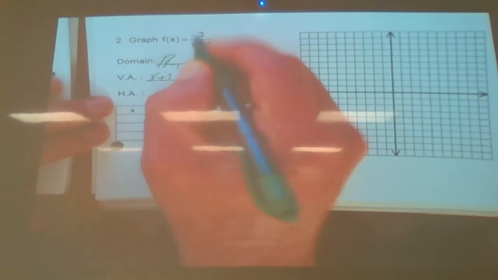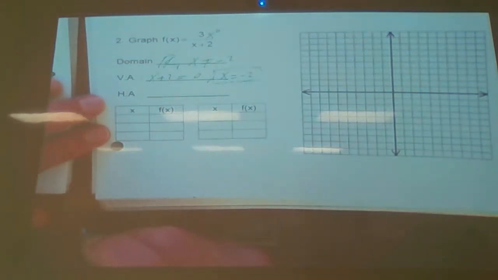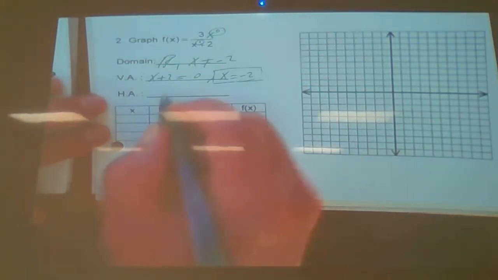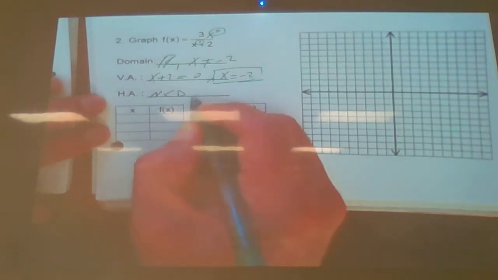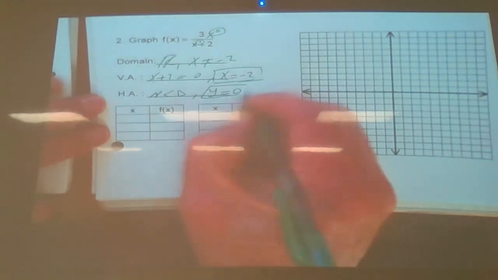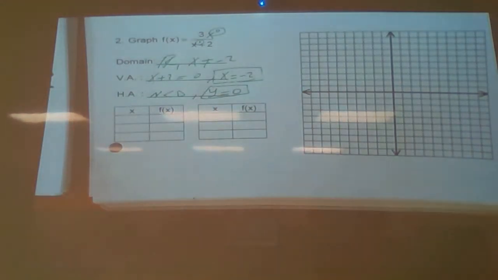When you have a number by itself, a constant, that means it's x to the 0. So that's a 0 degree on the top, 1 on the bottom. This is the case when the degree on the top is less than the degree on the bottom, which tells me that y equals 0 is the horizontal asymptote.